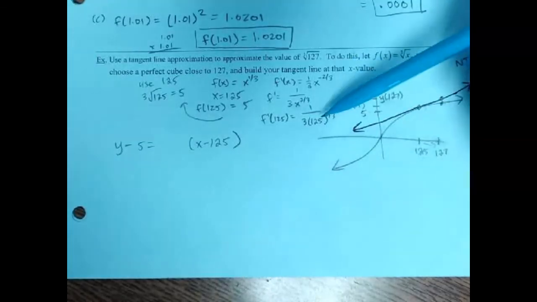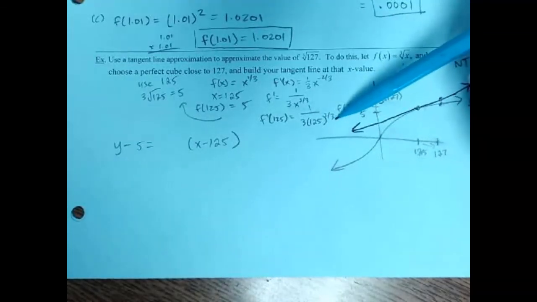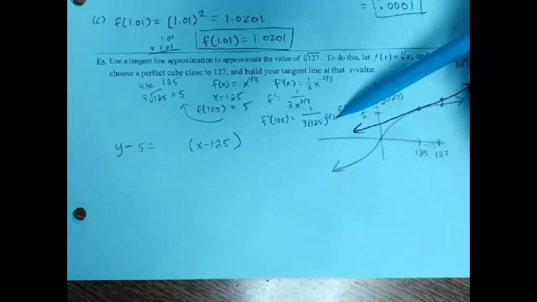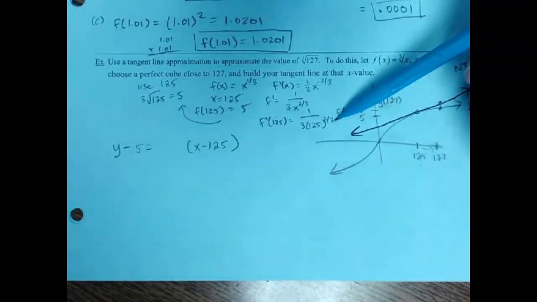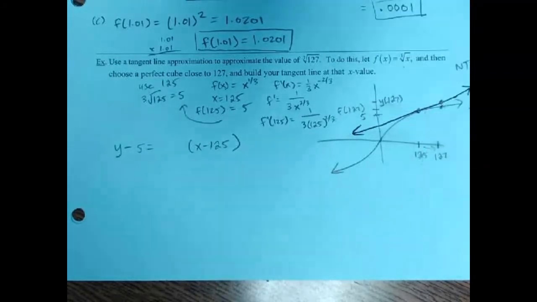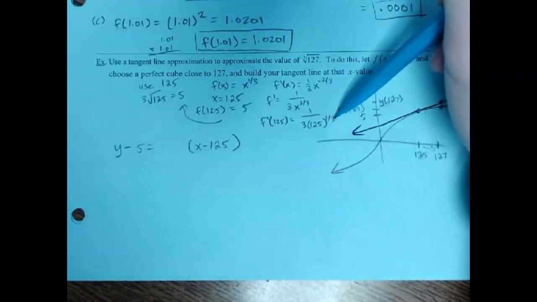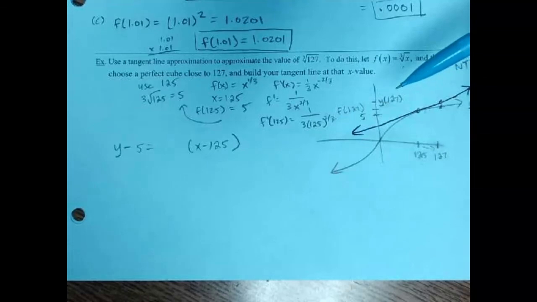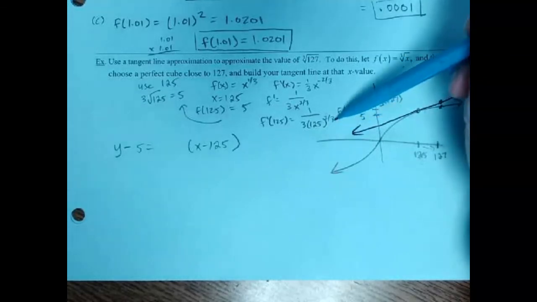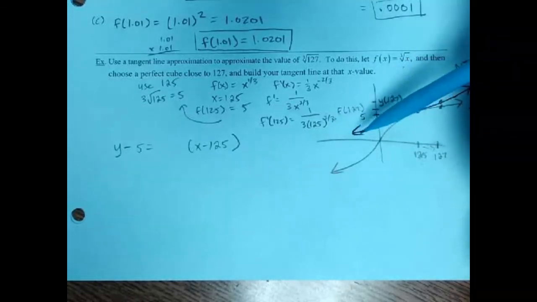Or what you could do is take the 125, do the root first, the bottom part of the exponent, and that's going to keep your number smaller. And then once you keep the number smaller, then you could square that smaller number. So either way, you could square it, then cube root, or you could cube root, and then you could square it. Either way is fine. I'm going to do the bottom power first because that's going to keep the values a little bit more manageable.